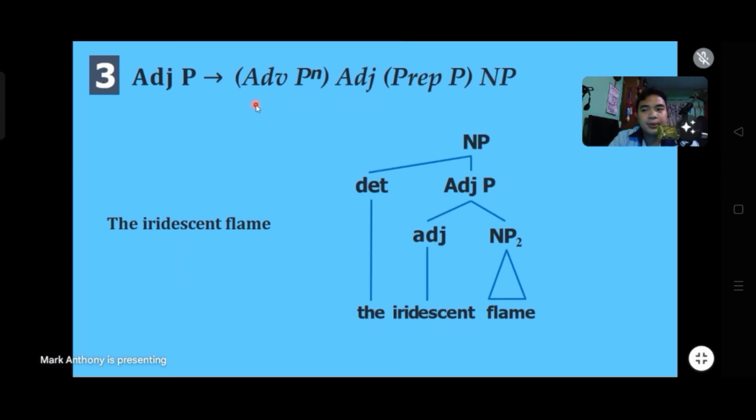So that is the basic structure rule for an adjective phrase.